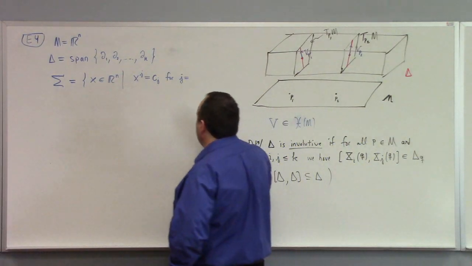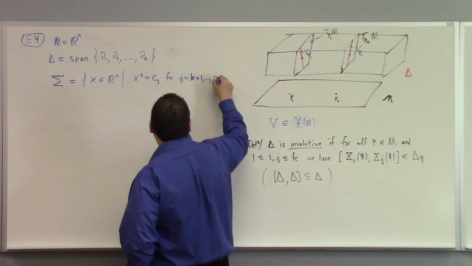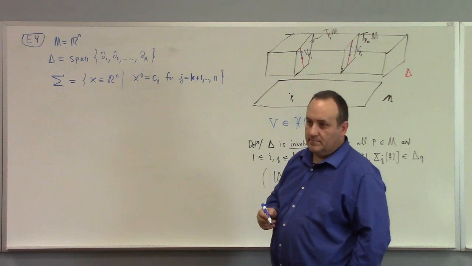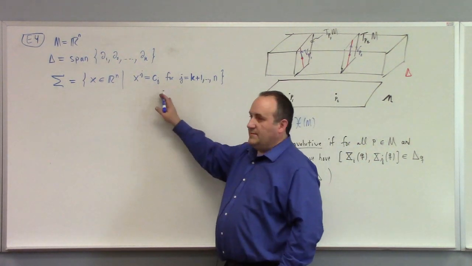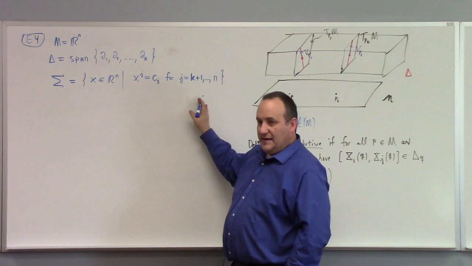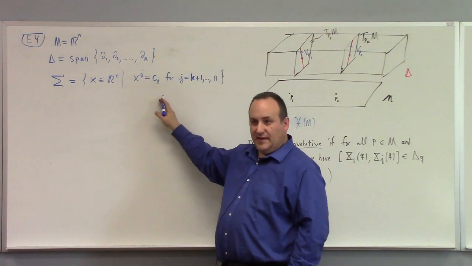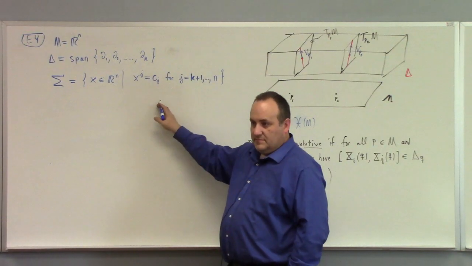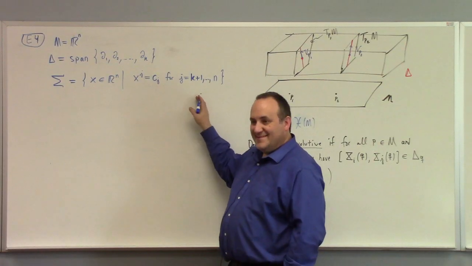So j equals k plus 1 all the way out to n. That would make this a k-dimensional submanifold, because we're freezing out n minus k parameters, and we're just letting the first k Cartesian variables be the parameters. It's a generalization of my previous example.